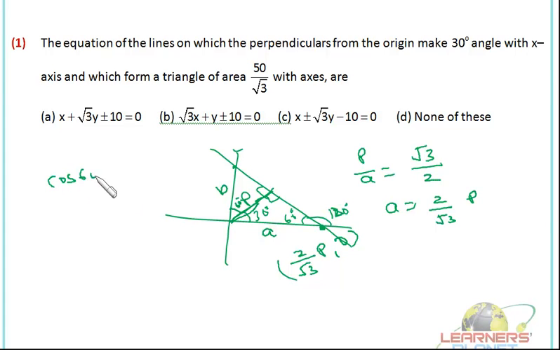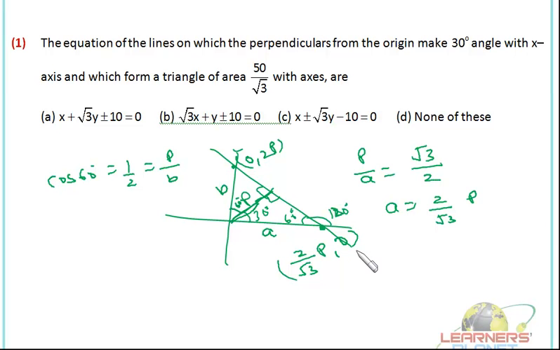So cos 60 degrees, that is half, is equal to p by b, right? So b is 2p. So the coordinates of this point will be 0 and 2p. The x coordinate will be 0 and the y coordinate will be 2p. Now we know the 2 points through which this line is passing. They are (0, 2p) and (2 by root 3 p, 0), right?